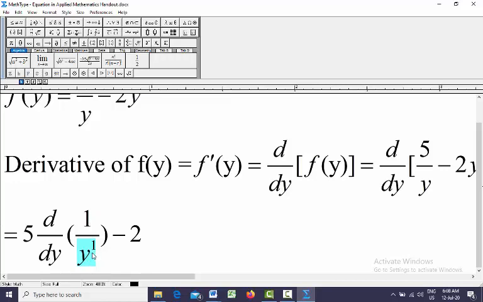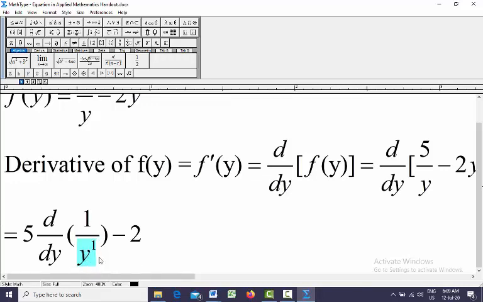You need to bring the variable from the denominator up.